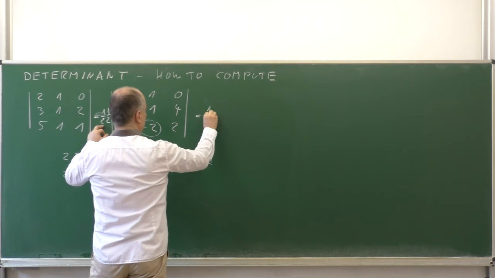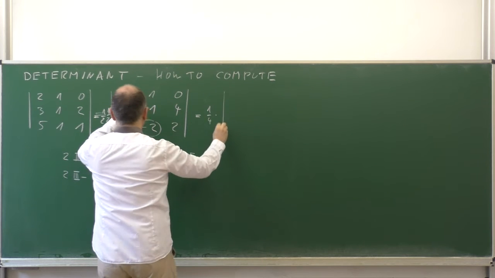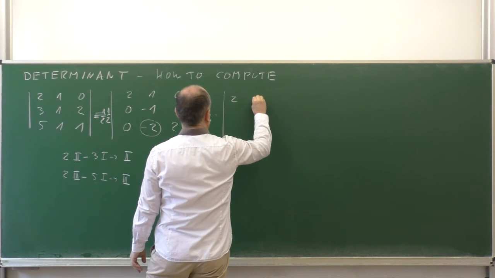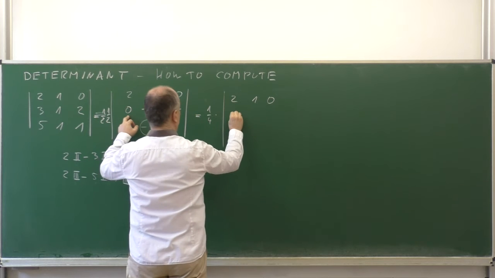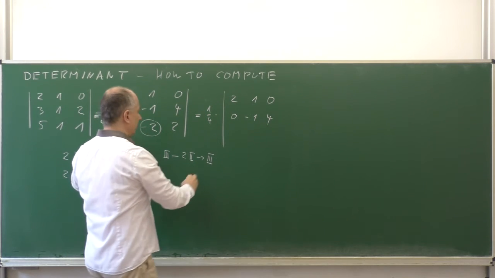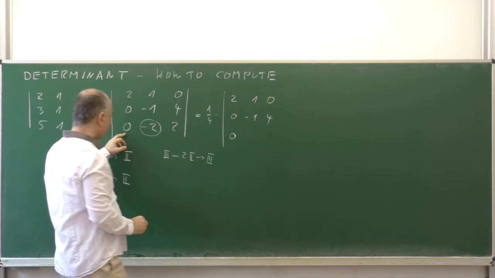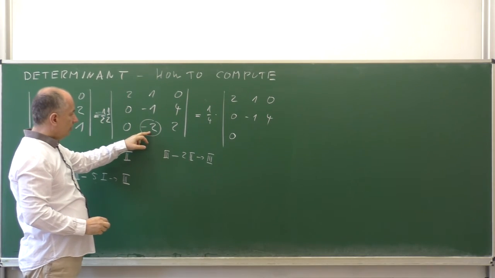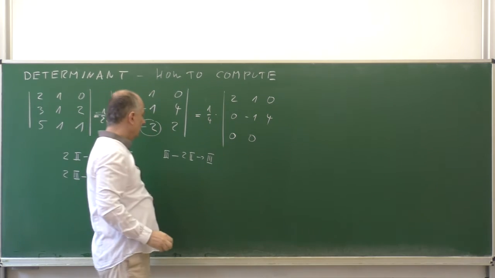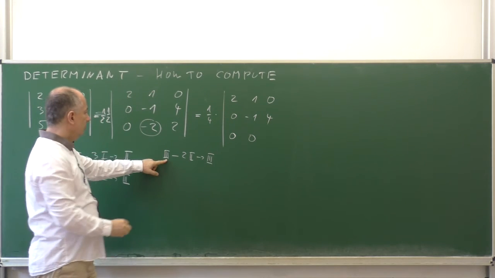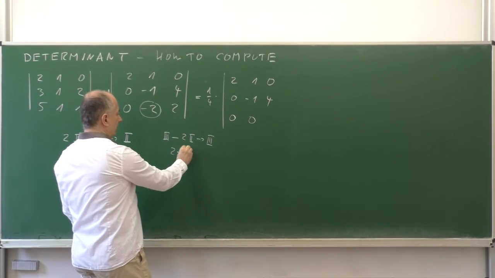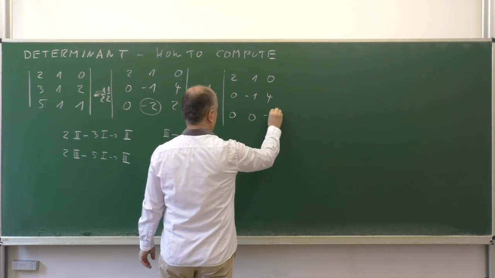So we copy this factor 1 over 4, and we have the determinant of the matrix 2, 1, 0, 0, minus 1, 4, and here we have 0, minus 2 plus 2 is 0, and finally 2 minus 8 is minus 6.